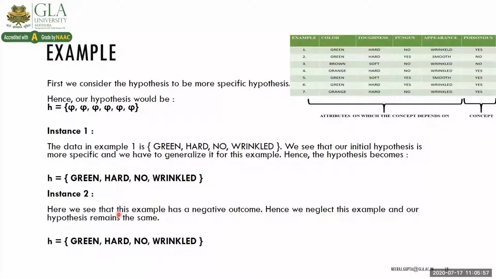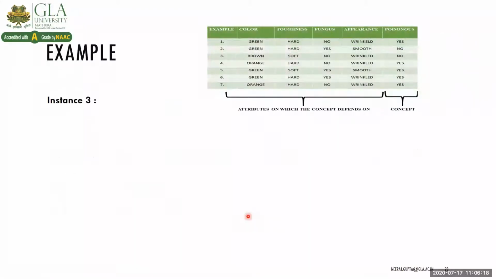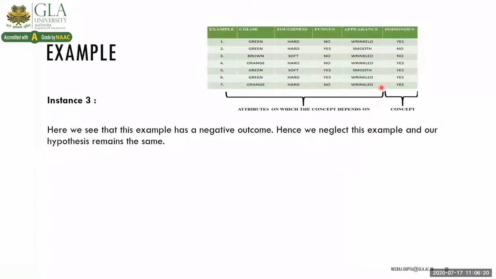The second instance is green, hard, yes. Looking at it, we have the negative concept, so we will not change the hypothesis. The hypothesis remains the same for the negative case. The third instance is again negative, so the hypothesis remains the same.